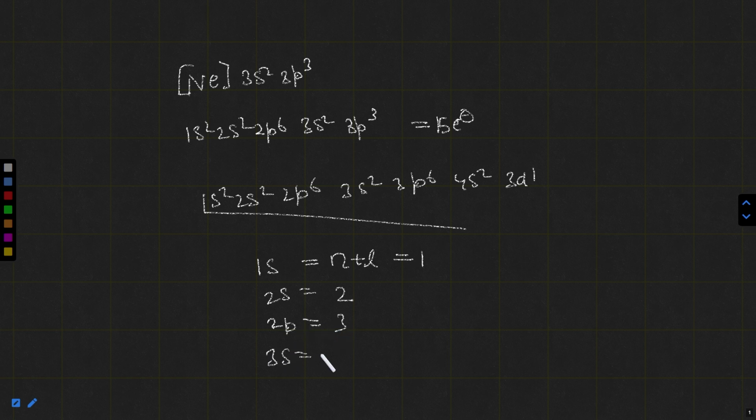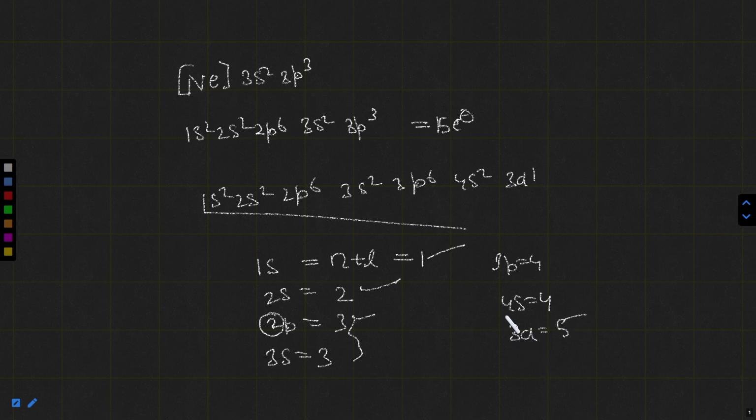For 3s it will be 3. 3p will have a value of 4. 4s will have a value of 4. 3d will have a value of 5. So 1, 2, then both have 3. The one with the smaller value of n will be placed first, so 2p, then 3s, then 3 is over, then 4, again 4. So we will take 3p first, then again 4s, then 3d.